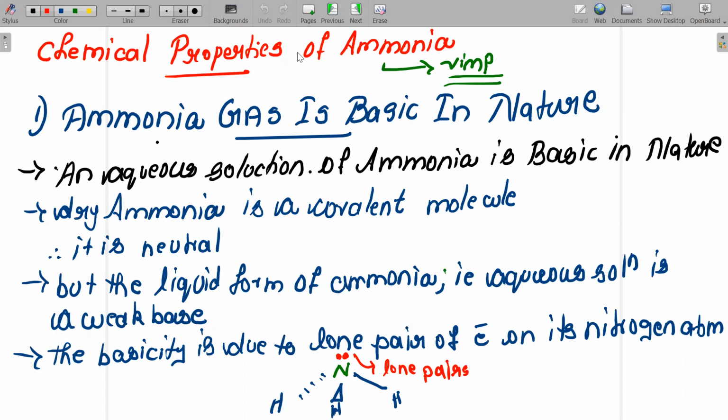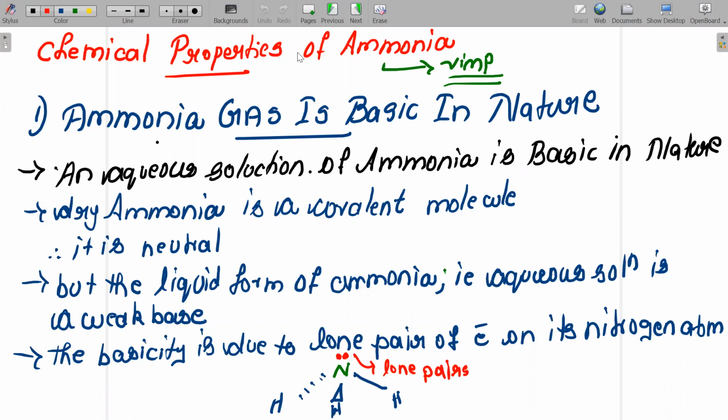Nitrogen is bonded with hydrogen by using three bond pairs of electrons. Along with that, we have a lone pair of electrons, which is not bonded, right? This lone pair of electrons of nitrogen is the reason behind the basic character of ammonia. Understood? This lone pair of electrons is the reason behind the basic character or basic nature of ammonia.